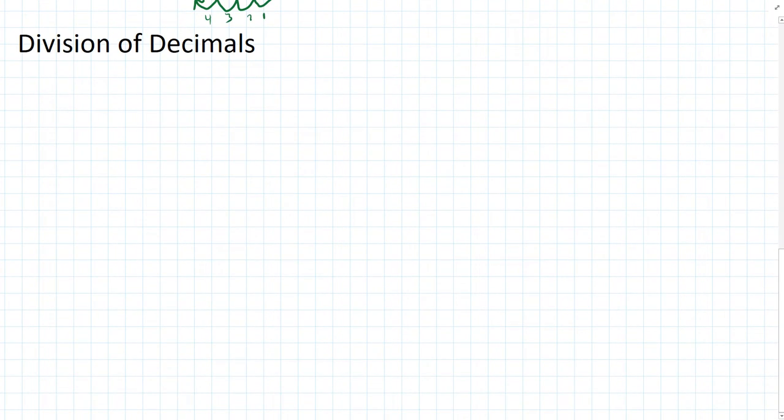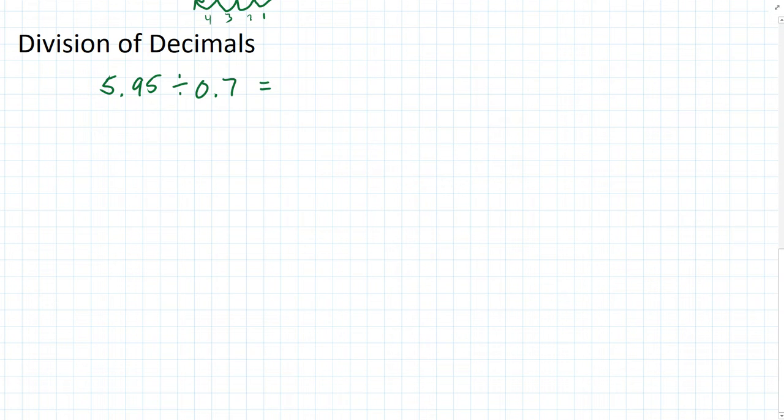The final operation would be the division of decimals. For the division of decimals, let's start off by talking about some vocabulary really quickly. Let's say I have the expression 5 and 95 hundredths divided by 0 and 7 tenths.